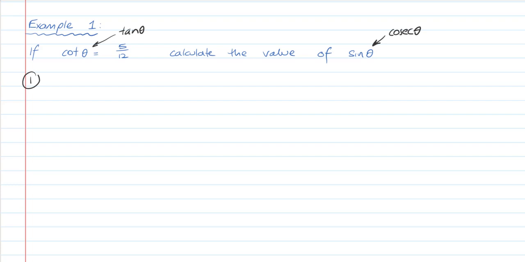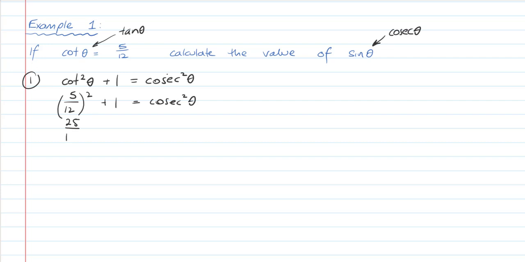But what I do have is this one: cot squared theta plus 1 is equal to cosec squared theta. That one's from earlier. So I'm going to use my cot theta, and that gives me 5 over 12 squared plus 1 is equal to cosec squared theta. And so that's 25 over 144 plus 144 over 144.